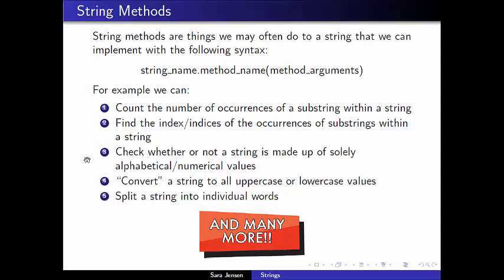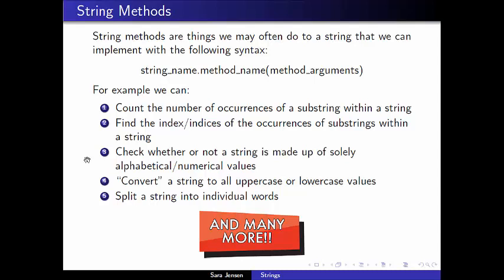We occasionally want to take a string once we know what types of values it contains and convert it, quote unquote, more on that later, to either all uppercase or all lowercase values in order to normalize the type of alphabetical values occurring in that string.